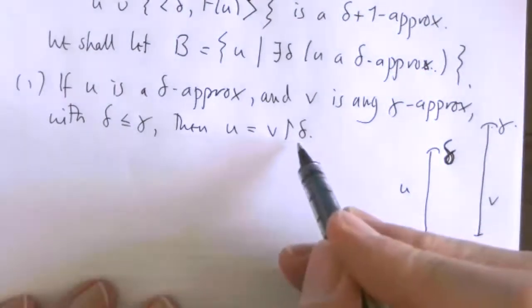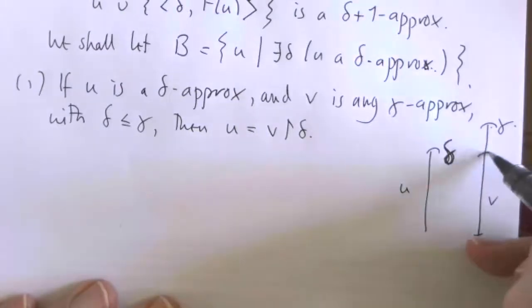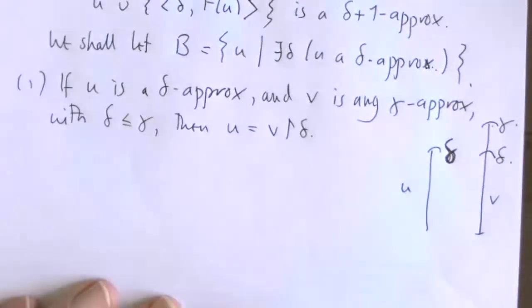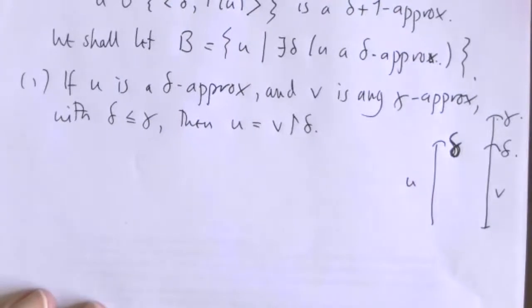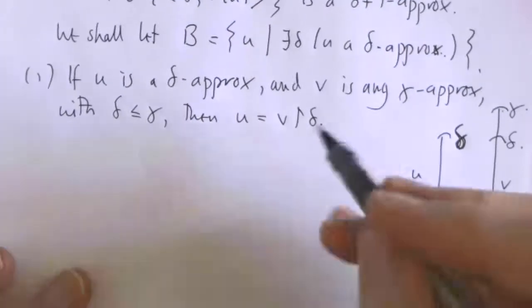U is just an initial segment of V. So this equals this. Right? And the reason is just as before.